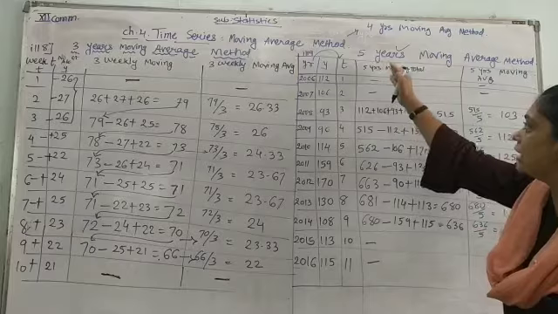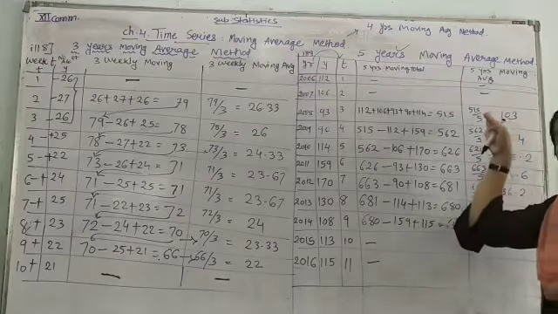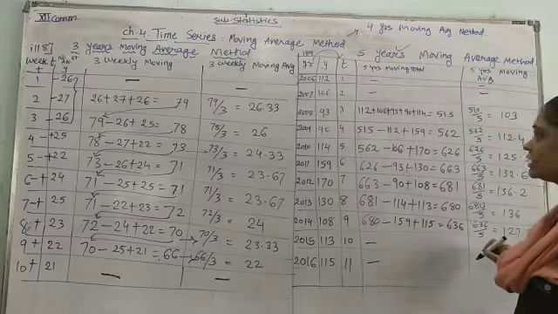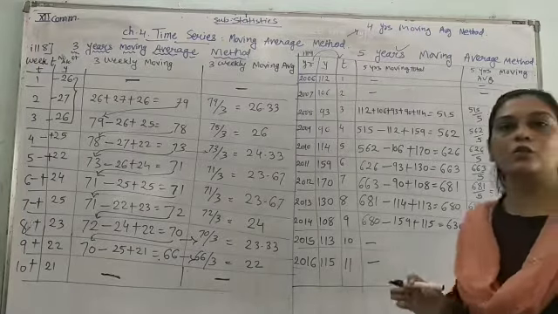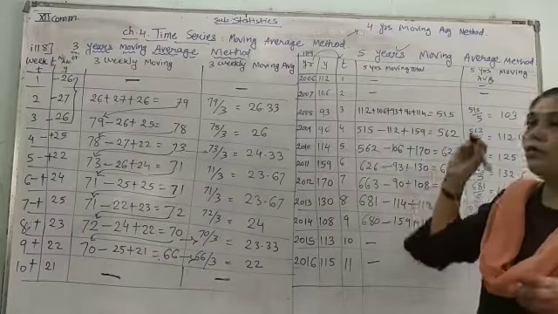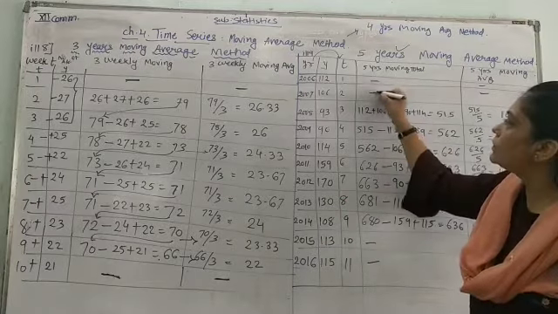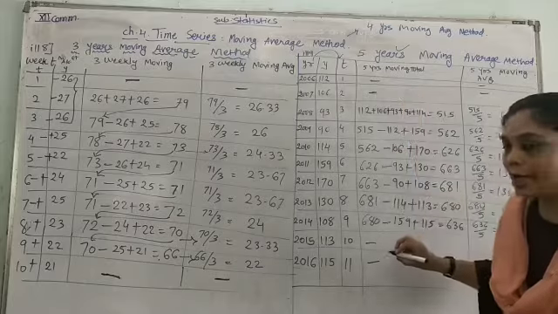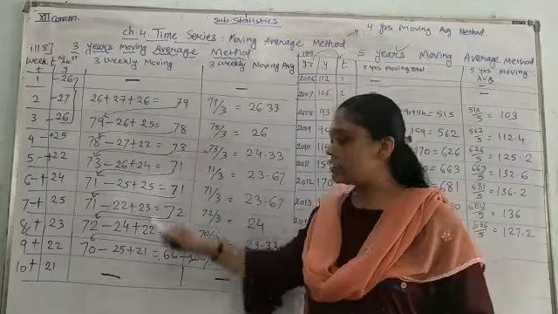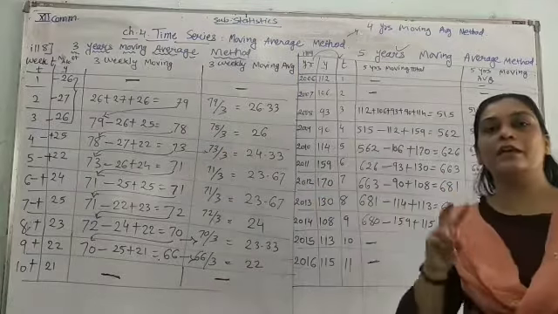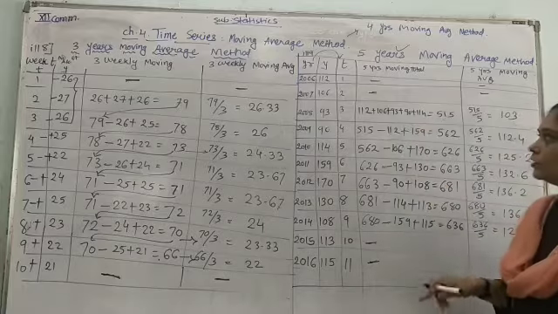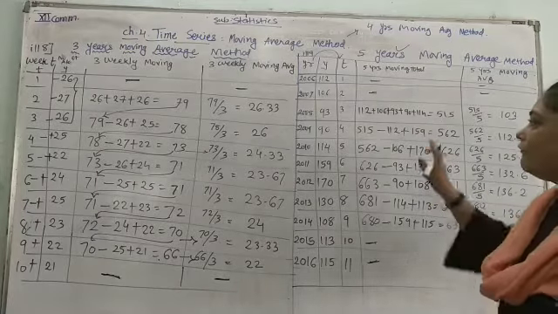Then you can see there is a big space where I need to show my working of the 5 years, and that is how I have drawn it, and the rest of the part shows the 5-year average. Now the rule is to put a dash on the first two and the last two.